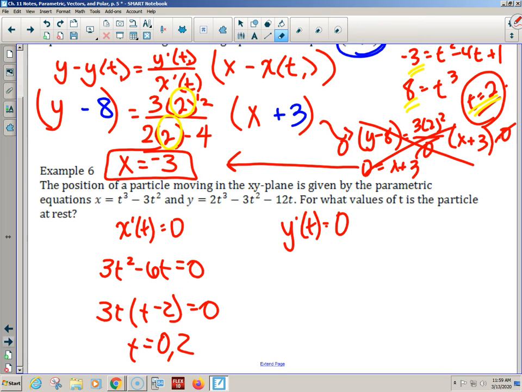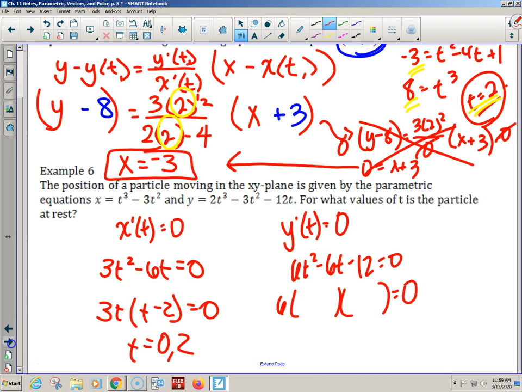Crazy. 6t squared minus 6t minus 12. We pull out a 6, and then we have (t minus 2)(t plus 1). t equals negative 1 and 2. Yay! Look at so many times! Let's just start listing them. This thing was truly at rest a lot.